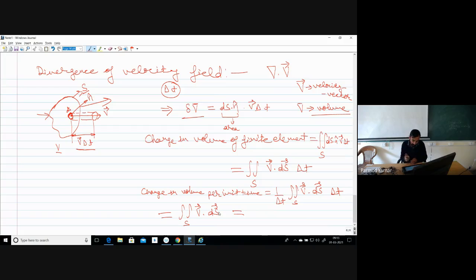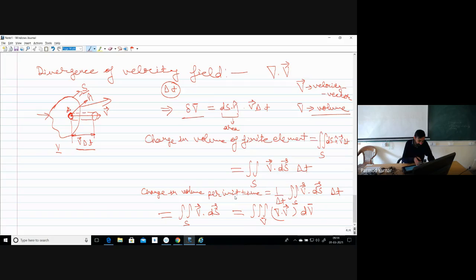If I apply the Gauss divergence theorem, this surface integral I can write as a volume integral over the entire volume V, where I write the divergence of V and integrate it over the entire volume dV. Now this represents the change in volume of the fluid element per unit time.